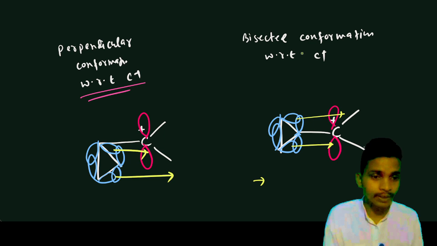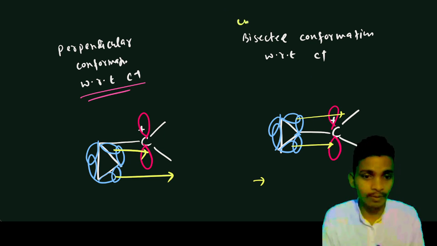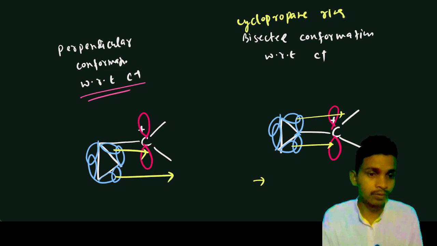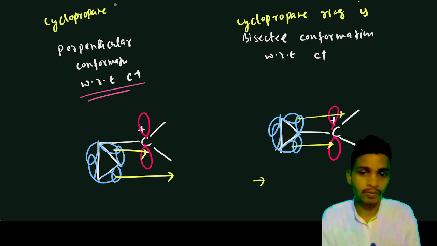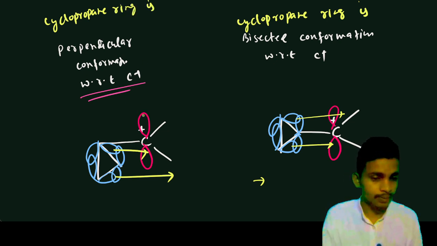If it is a bisected conformation with respect to the carbocation, the cyclopropyl ring is bisected. And this cyclopropyl ring is in the perpendicular conformation with respect to the carbocation.